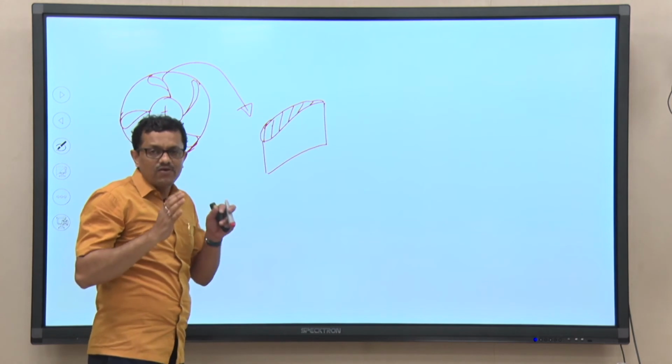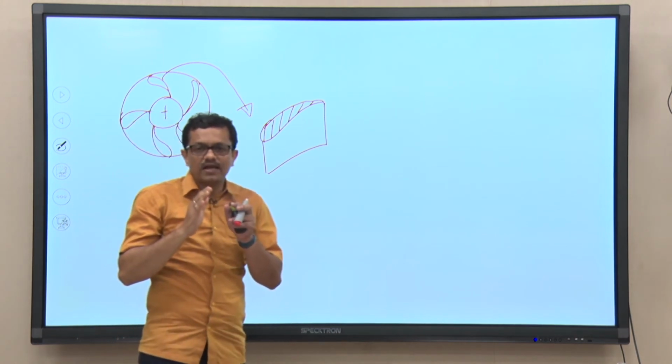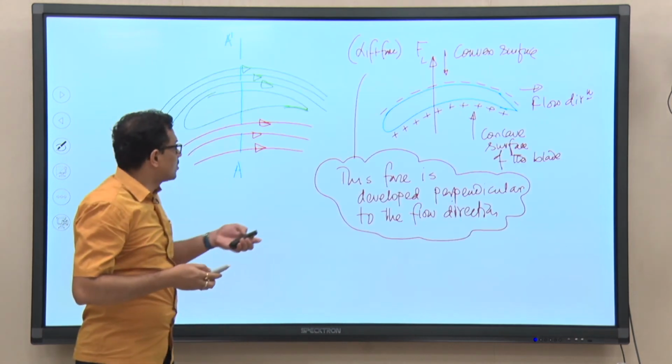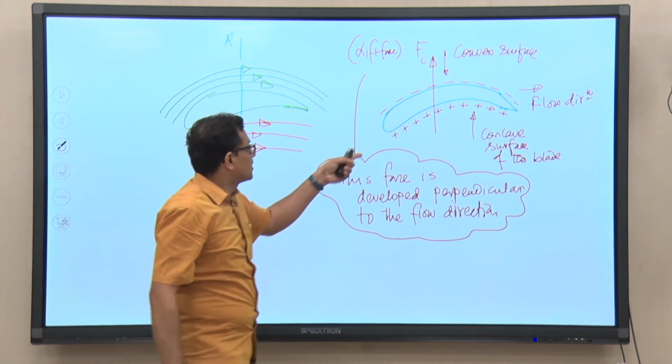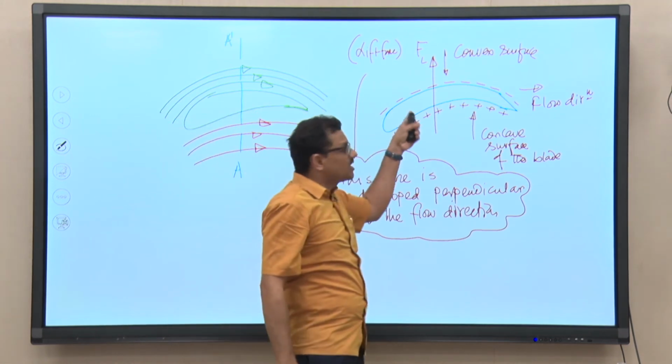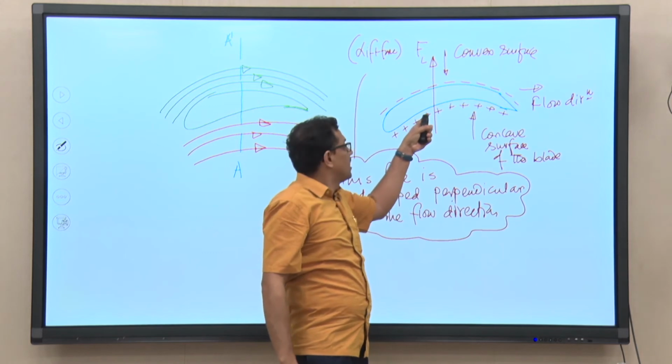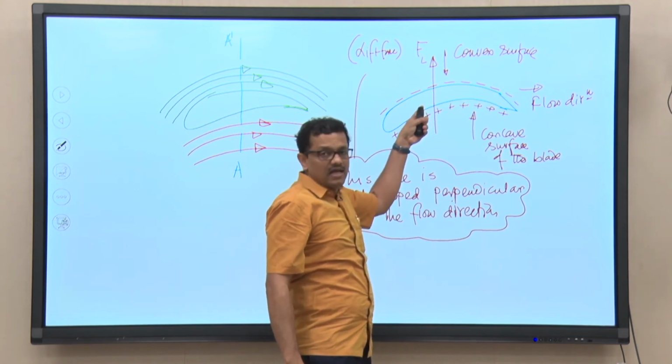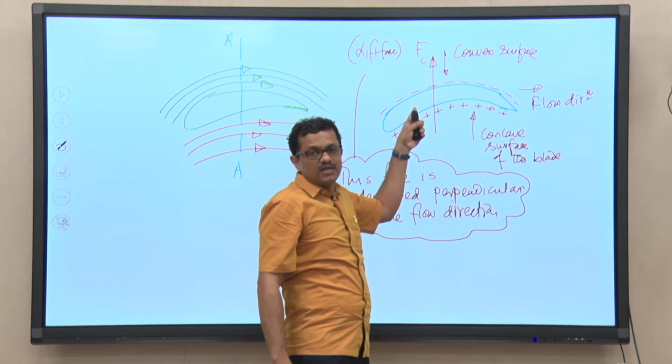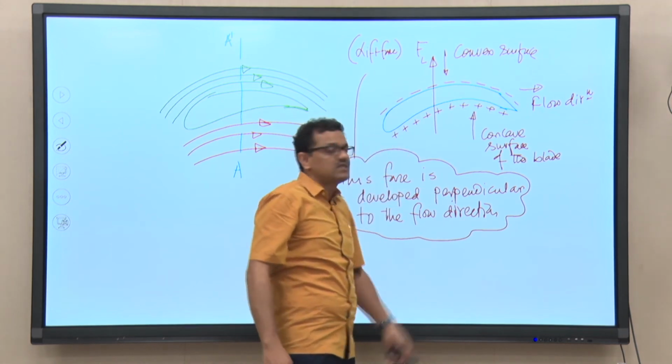Now, when the flow occurs through the impeller, following the concept we have learned, due to the geometrical configuration of the blade itself, a pressure difference will be there, and because of this pressure difference we get one force, the lift force.